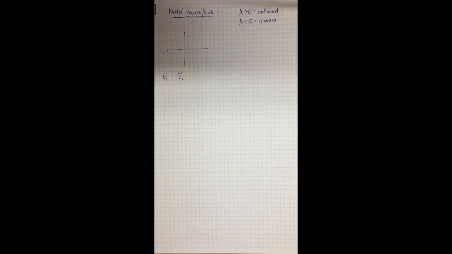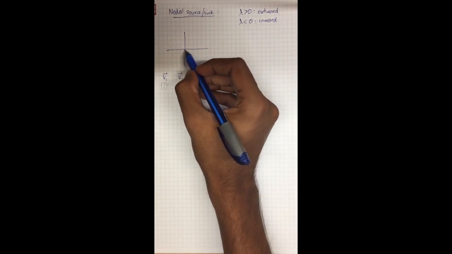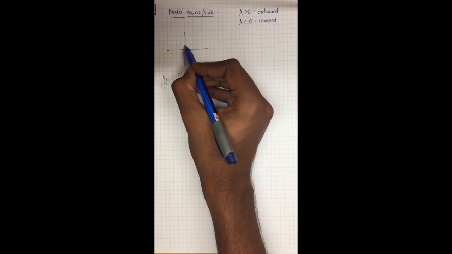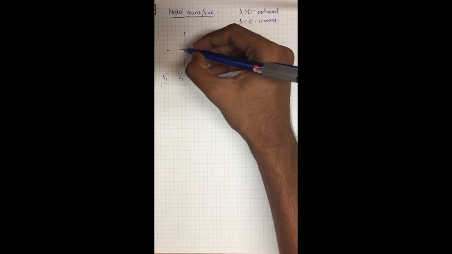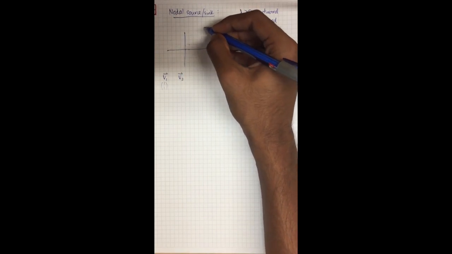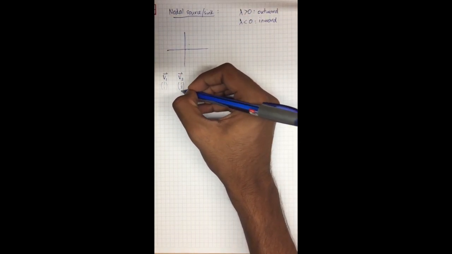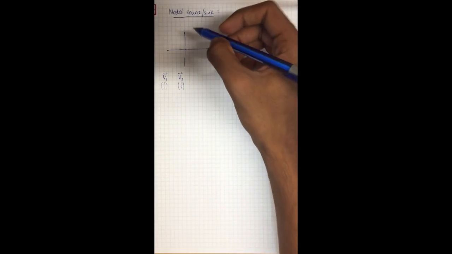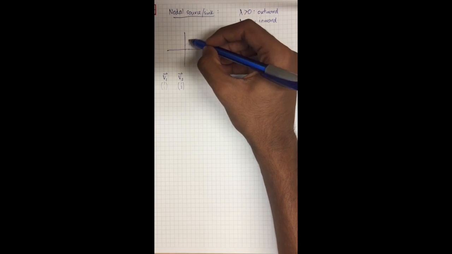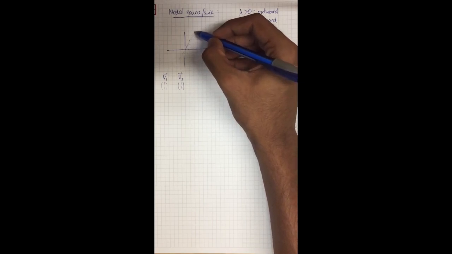If v1 was, let's say, (1, 1), it means that for every one unit increment in x, there's going to be 1 unit increment in y, and hence it touches the origin and my line would be a 45-degree line. If my v2 was (1, 2), it means that for every one increment in the x direction, there are 2 increments in the y direction, and hence my line would look that way.